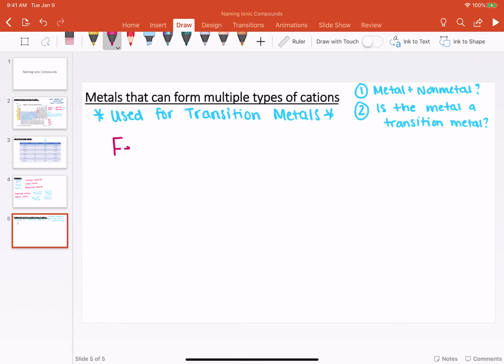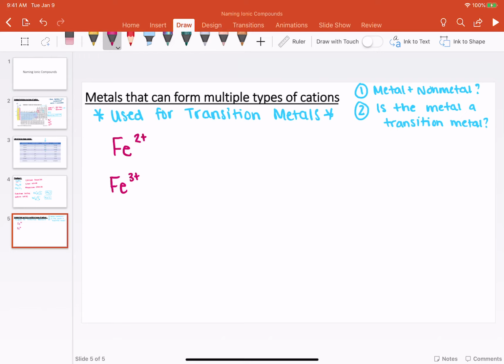Iron is Fe, and it can generally form two different types of cations. It can form a 2+, and it can form a 3+. So those are the most common charges for iron. When we want to write the name of an iron compound, we have to include the charge in parentheses in Roman numerals.